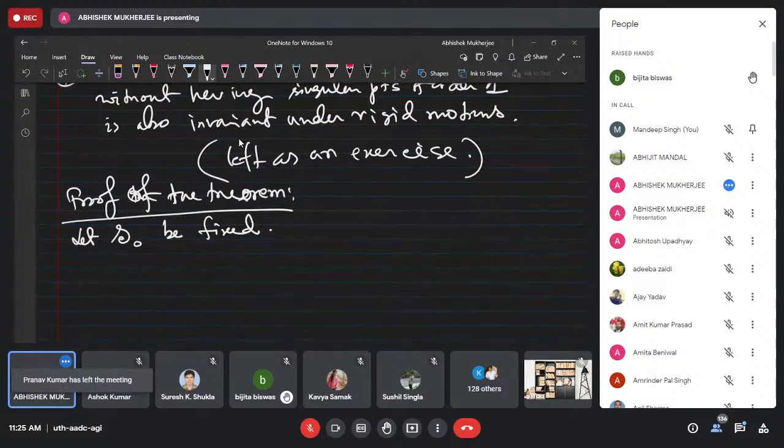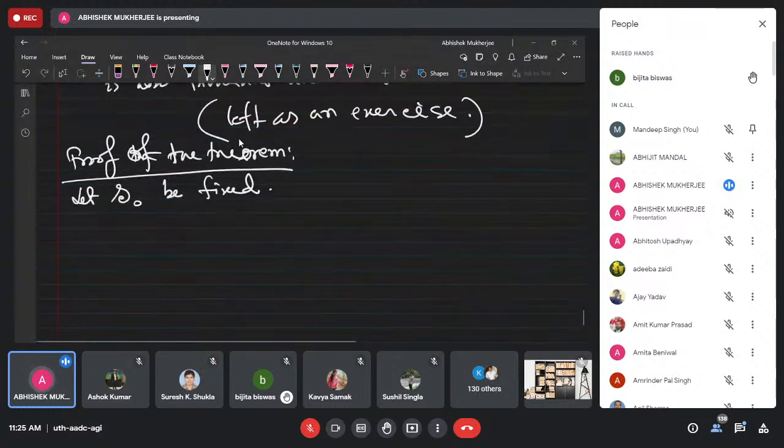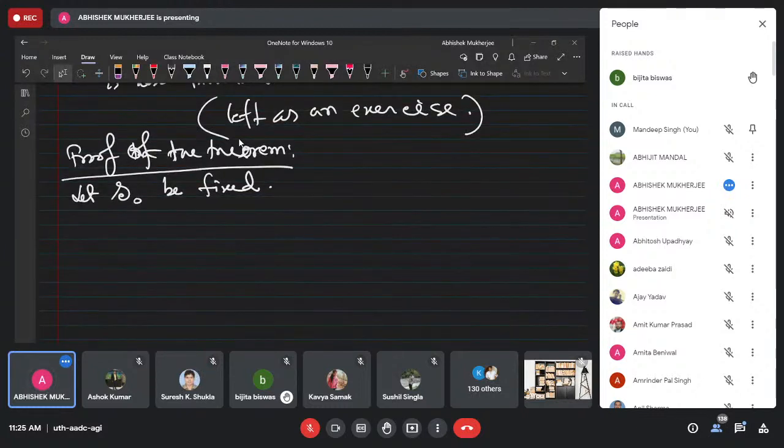Okay. Now you can consider the orthonormal basis of R3 corresponding to each given curve, that is alpha and alpha bar.